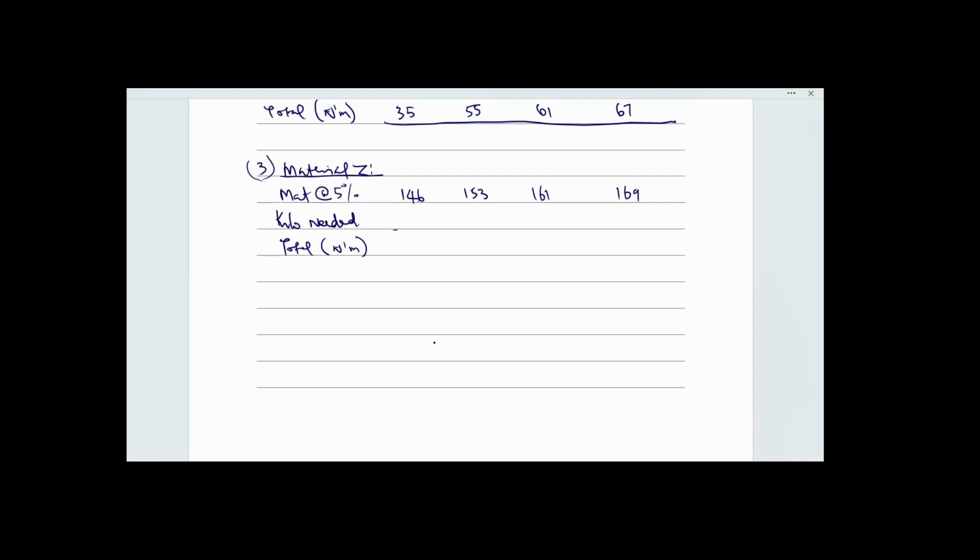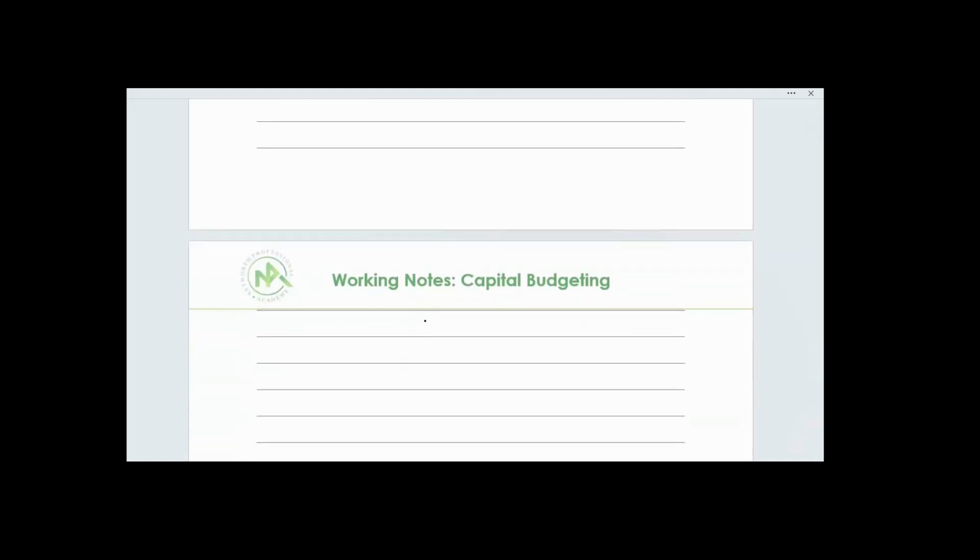So I need to determine the actual kilo needed for material Z for year 1, year 2, year 3, then year 4.